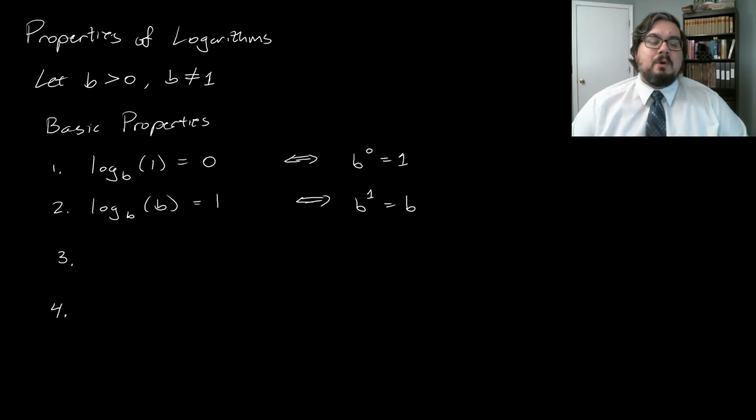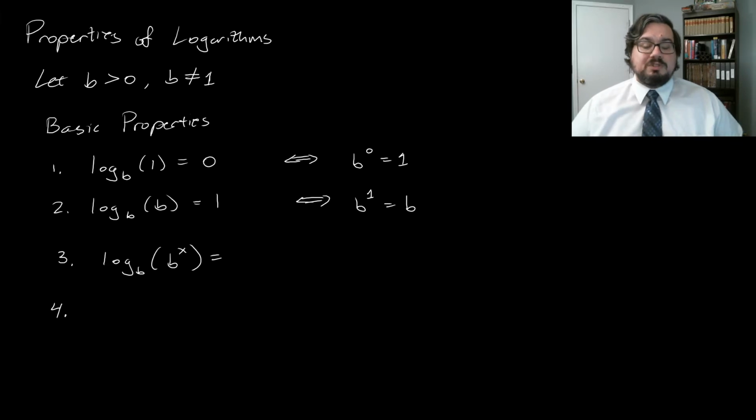Properties 3 and 4 are based on the fact that the logarithm and the exponential function are inverses of each other. Now remember that one of the things that means is that if we compose the two functions, that is, say, apply the exponential function and then the logarithm function, as in part 3 here, the two functions undo each other.